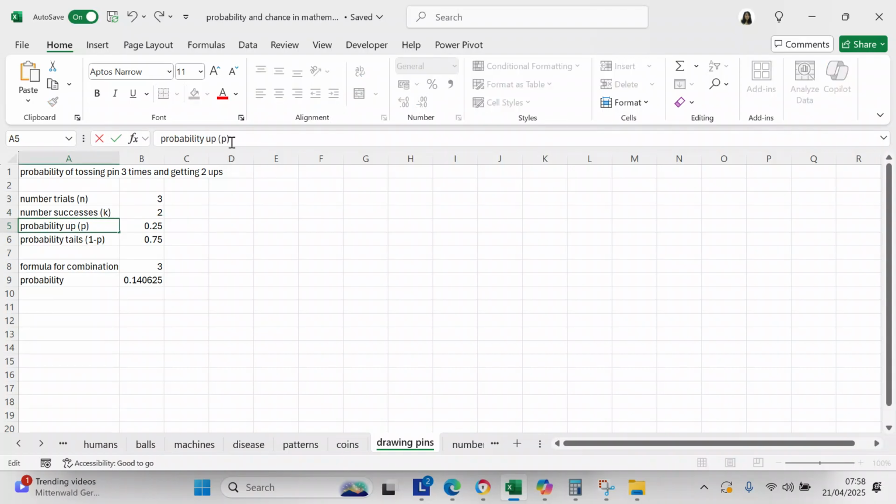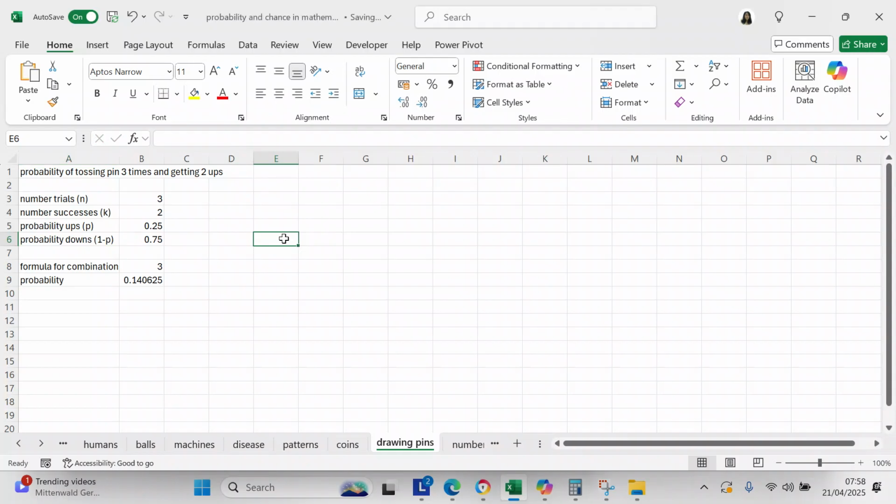Probability of ups is 0.25, and probability of downs is 0.75, and the probability of downs is 1 minus probability of ups.